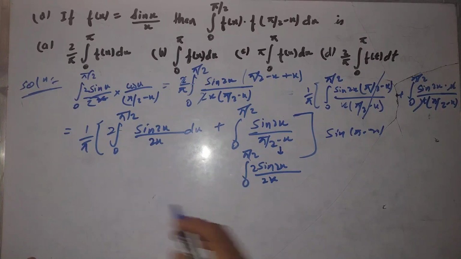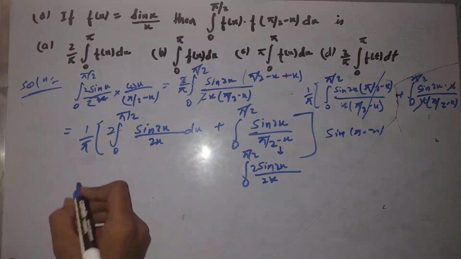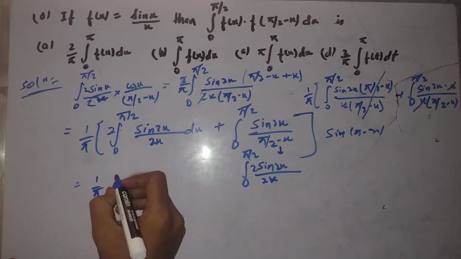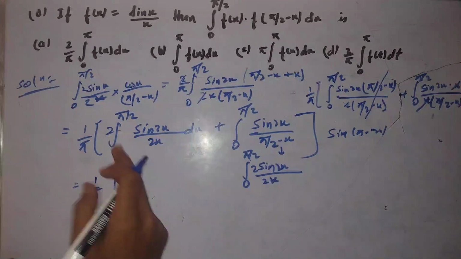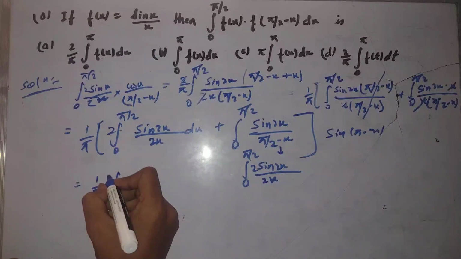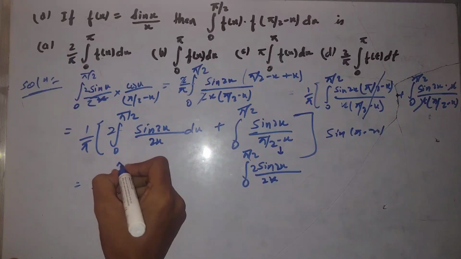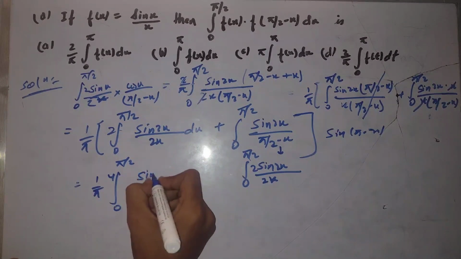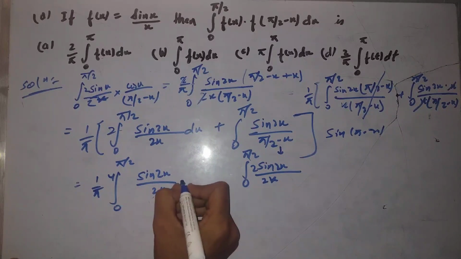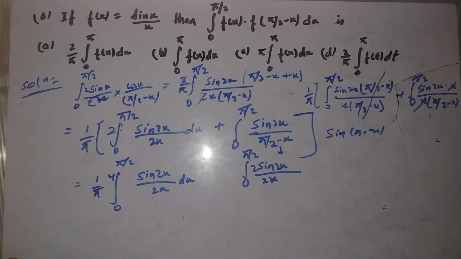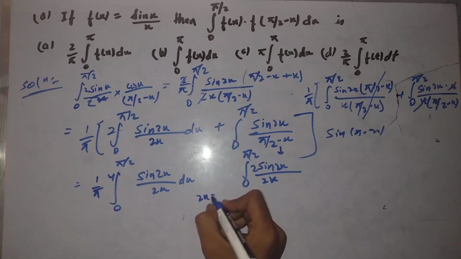Therefore, adding these two becomes 1 by pi, and twice of this and twice of this become 4 times the integral from 0 to pi by 2 of sin 2x upon 2x dx. Now I'm going to take 2x as t.